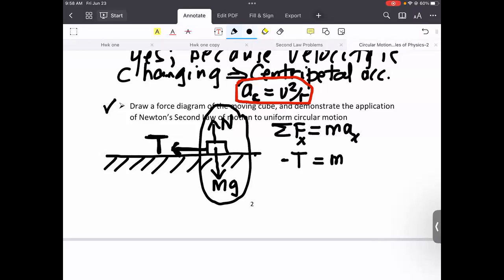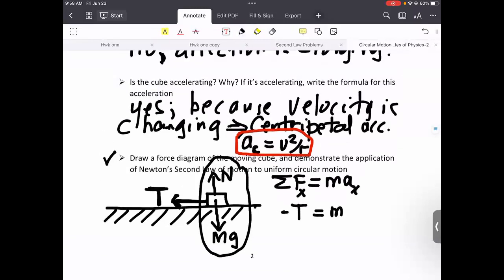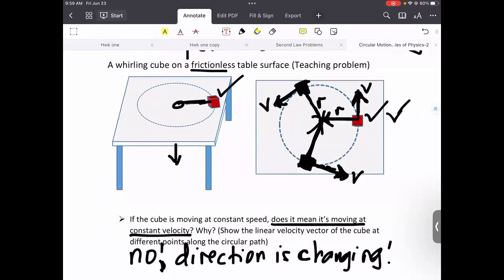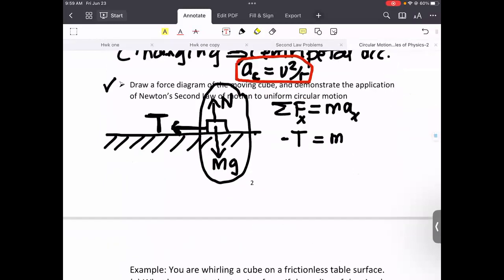And now the acceleration in the x direction at that point, acceleration is towards the center. If you remember, we are drawing the situation from here. If you see that the direction of acceleration is towards the left at that point, then we can put a negative sign right here. So we're going to say minus. Now remember, we just said that acceleration is given by v squared over r.